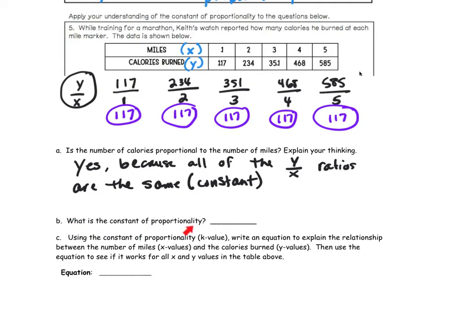B says, what is the constant of proportionality? Well, it is 117. And before we go any further, if we have a proportional table, there's a very special ordered pair. When I have a y value with 1, if my table is indeed proportional, then my y value itself, since it's going to be divided by 1, is the constant of proportionality.